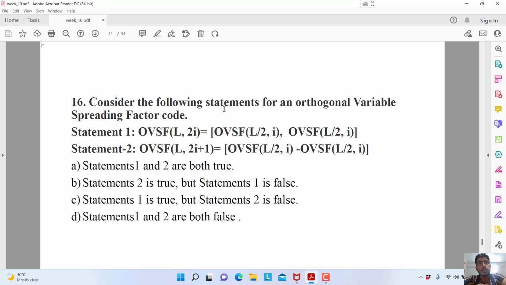Consider the following statements for an orthogonal variable spreading factor code. There are two statements, and you will let me know which option is correct.